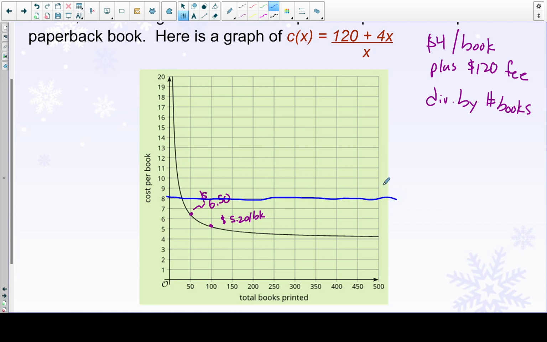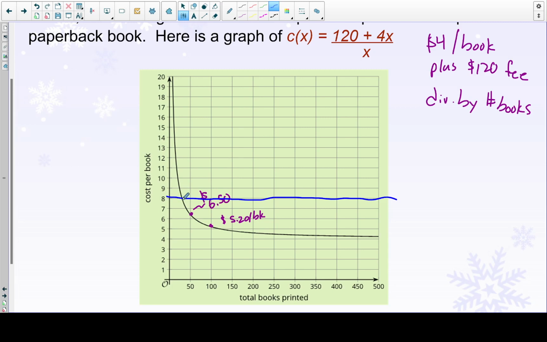Now, I want to turn a profit. I don't want to sell these books for a loss. If the books cost me $10 each, that's no good. So how many books must I buy so that I can sell them at $8 a piece?